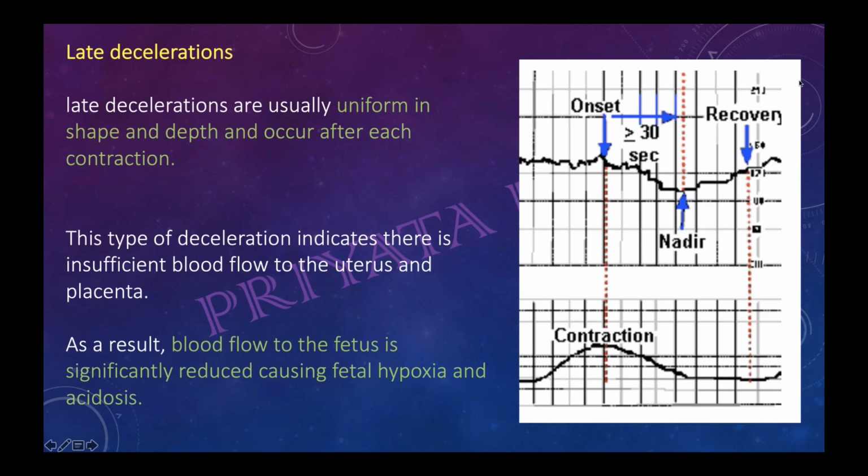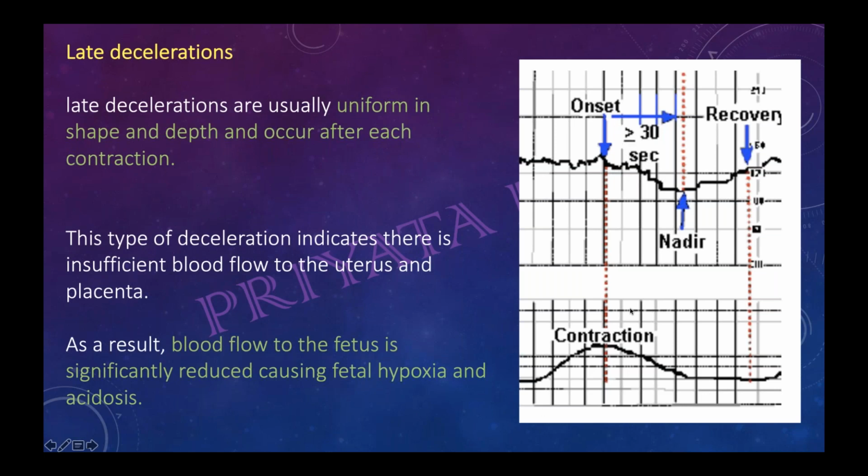The contraction becomes normal here, and this deceleration comes to normal here. So this is late. And if we calculate the onset of contraction to its peak, this time will be more than or equal to 30 seconds.